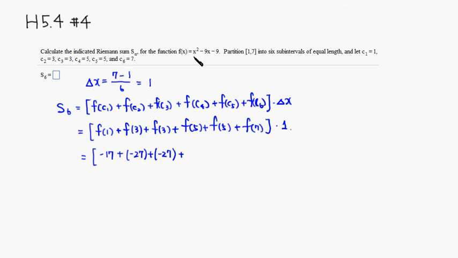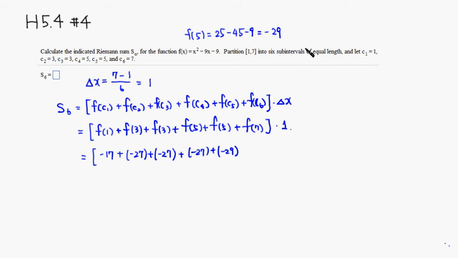For f of 5, 25 minus 9 times 5, which is 45, minus 9, so that's going to be negative 29. And here would be negative 29 as well.